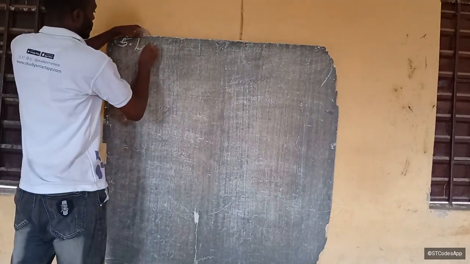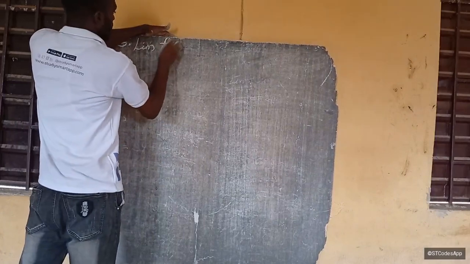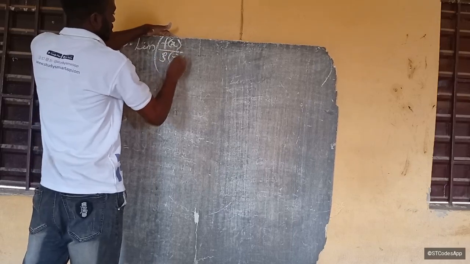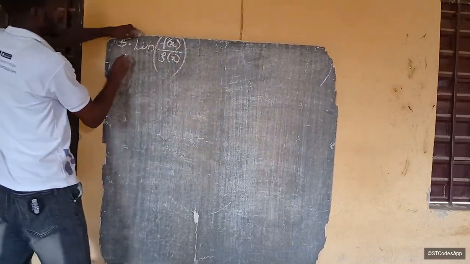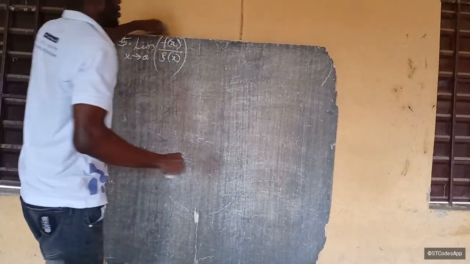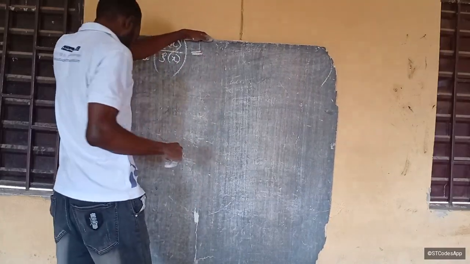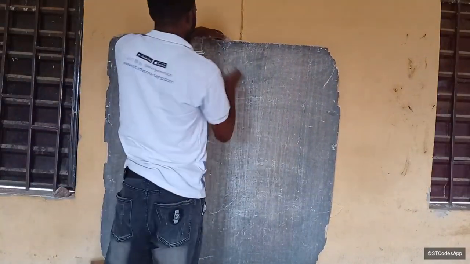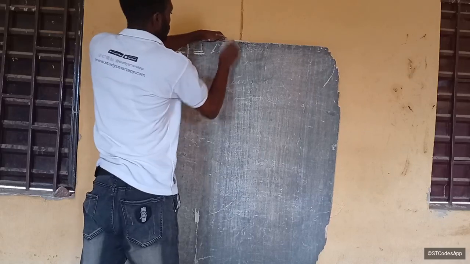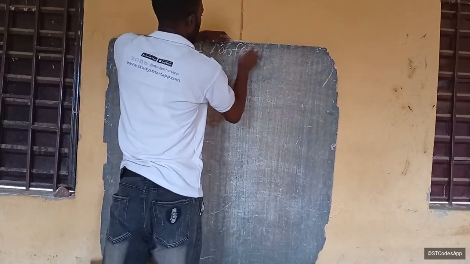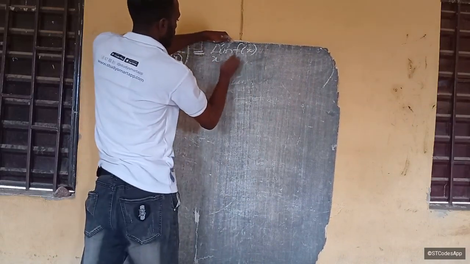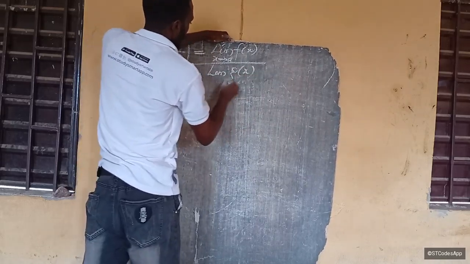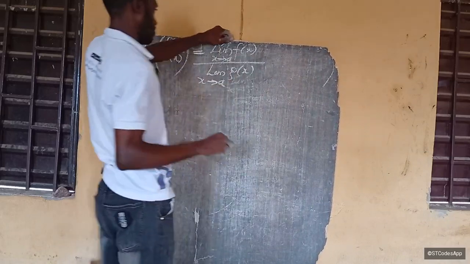It says that the limit of f of x over g of x as x approaches a is equal to the limit of f of x as x approaches a over the limit of g of x as x approaches a.